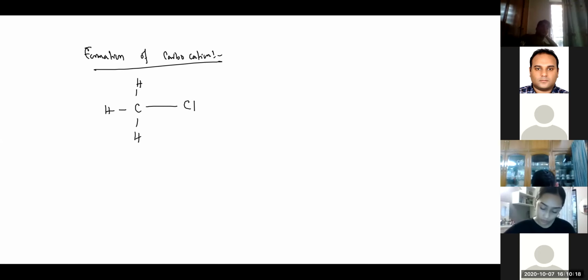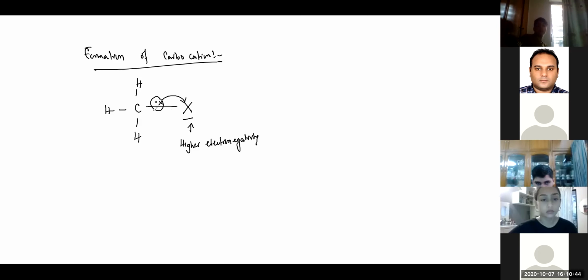So it could be, আমরা Cl না ধরে, let's call it X. Okay. So we had a pair of electrons which were shared, and then X, being of higher electronegativity, takes the electrons away from this carbon. So eventually what happens?